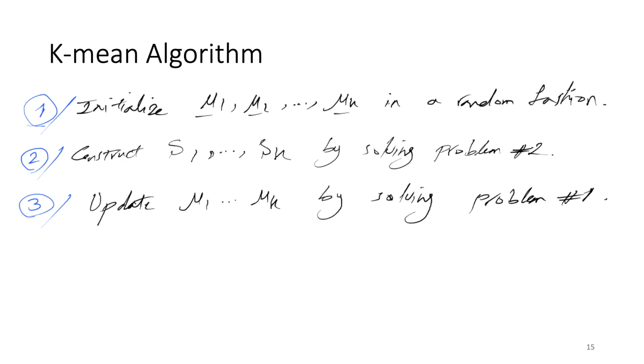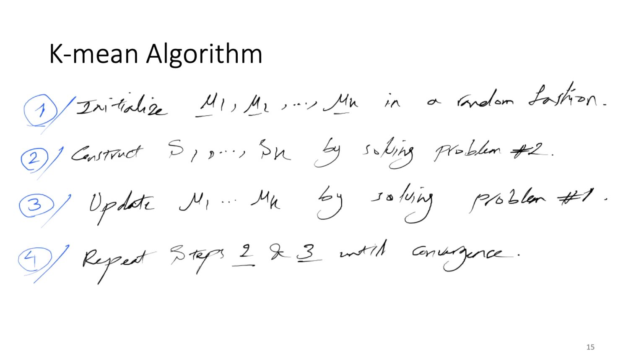How are we going to do that? We just saw it in problem number 1. And then simple enough, we just have to repeat steps 2 and 3, these two steps, until we converge to the minimal approximation error or our optimal point.